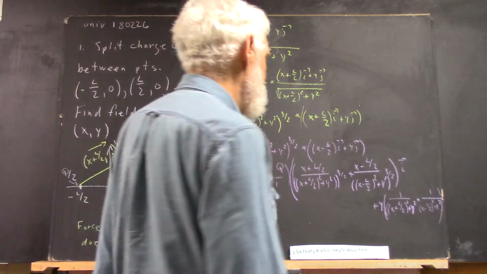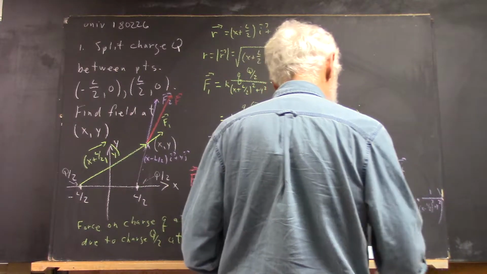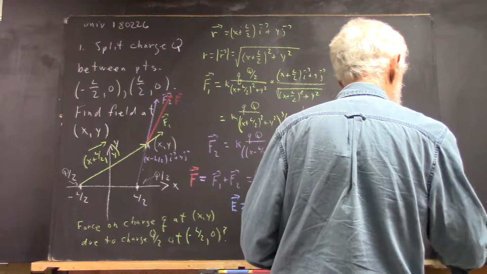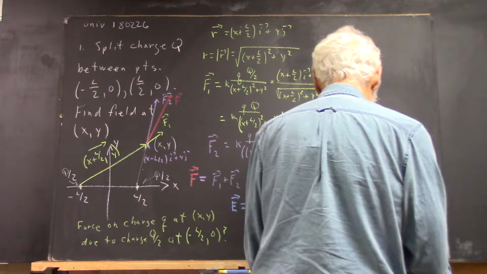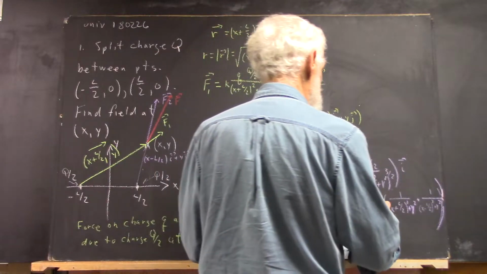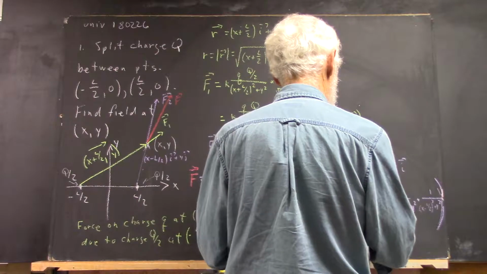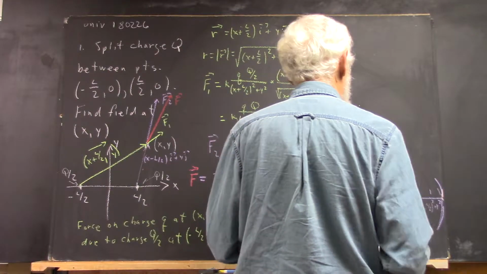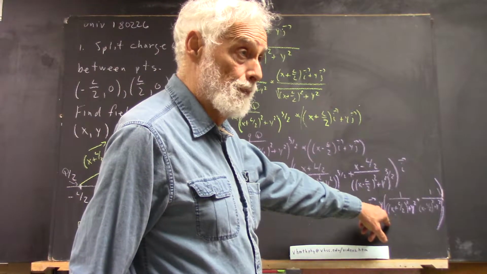I don't have room to write it out. There's just one set of parentheses that needs closing, so I can kind of indicate that. And here where I've got the plus y, kind of out of order, but all right, plus j times this, right?